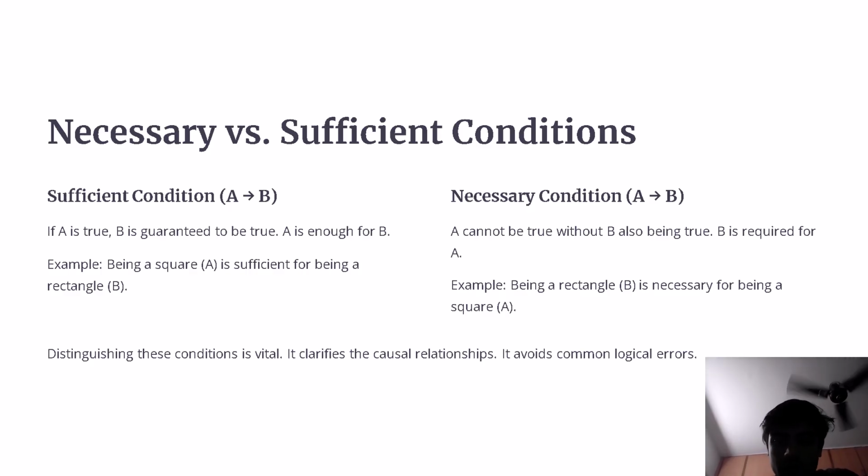B is required for A. For example, being a rectangle (B) is necessary for being a square (A). Distinguishing between these two conditions is vital. It clarifies the conditional relationship. It avoids a common logical error.